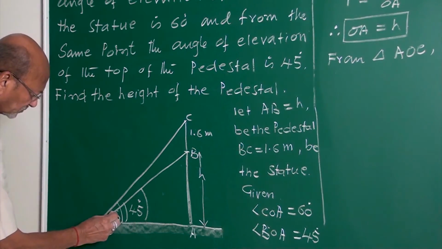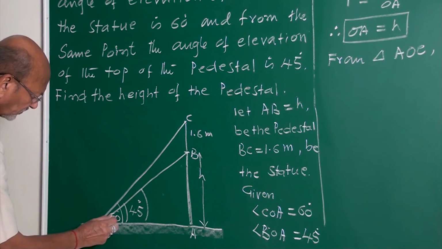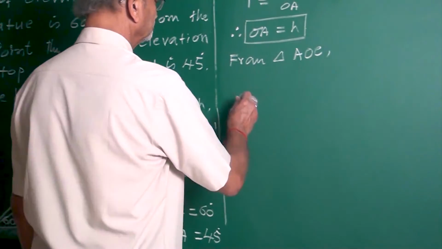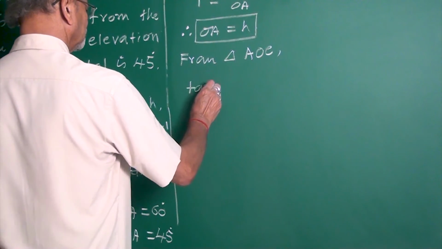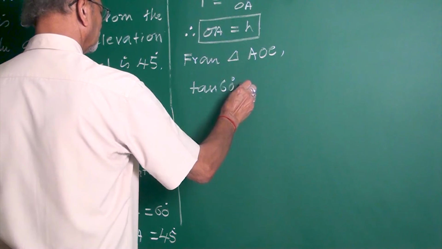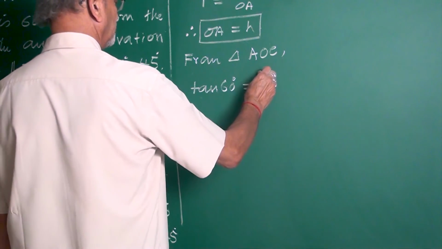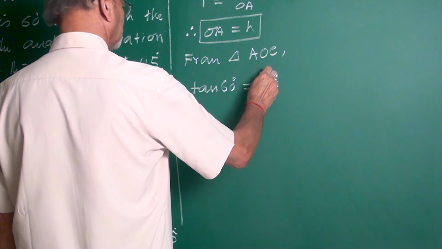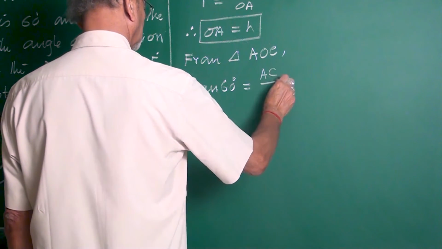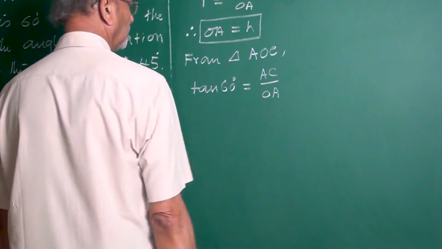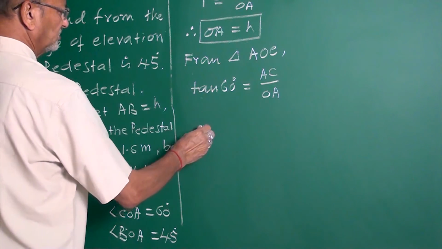This is 60 degrees. Tan 60, again opposite side AC upon adjacent side OA. What is tan 60? Root 3.